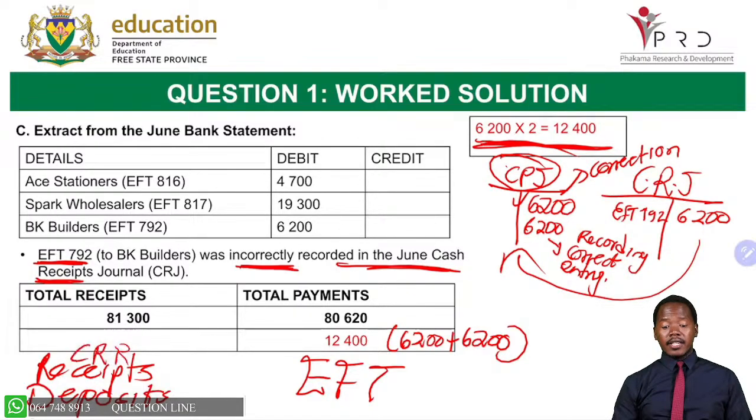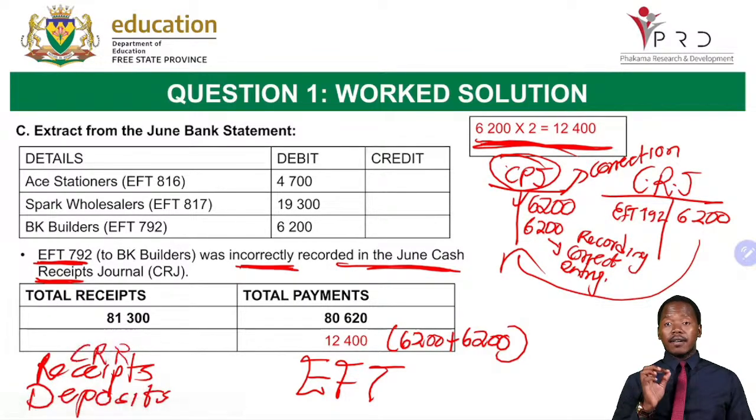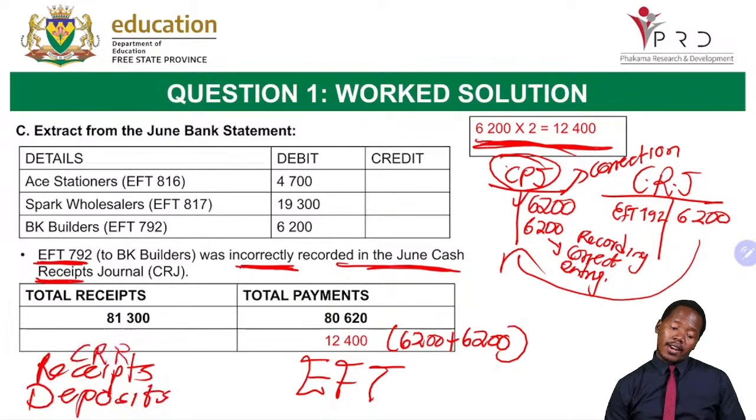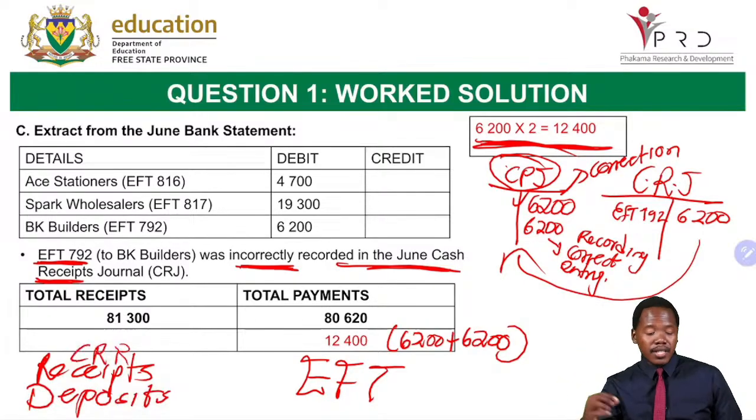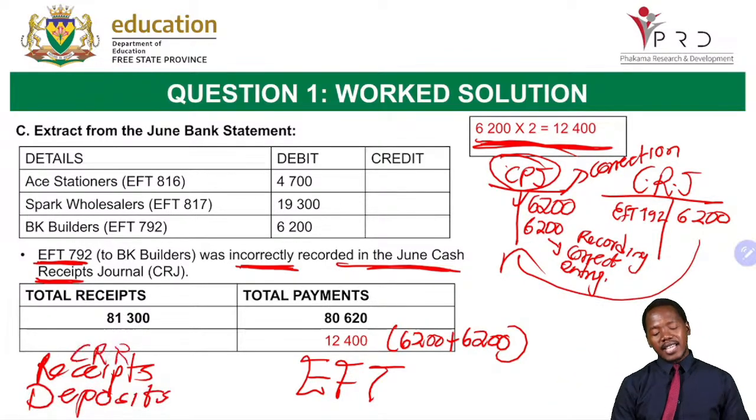Remember, why are we recording 12,400? Because the first 6,200 is to cancel what has been done wrong in the CRJ. The other 6,200 is to record what was never recorded in the cash payment journal. So 6,200 plus another 6,200, we get a total of 12,400. Okay, let's move on.